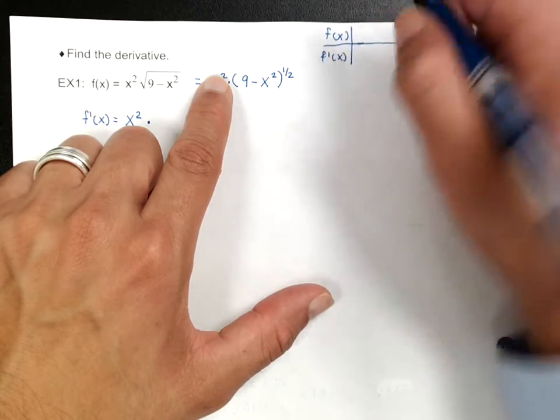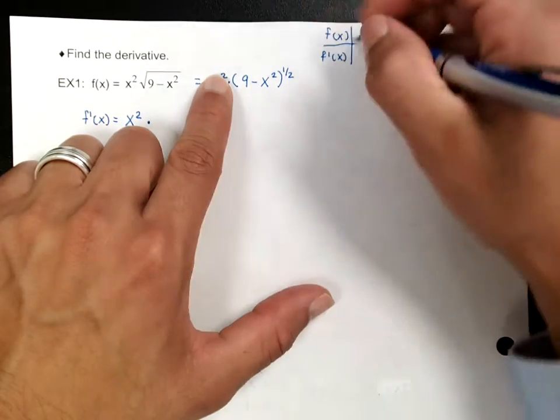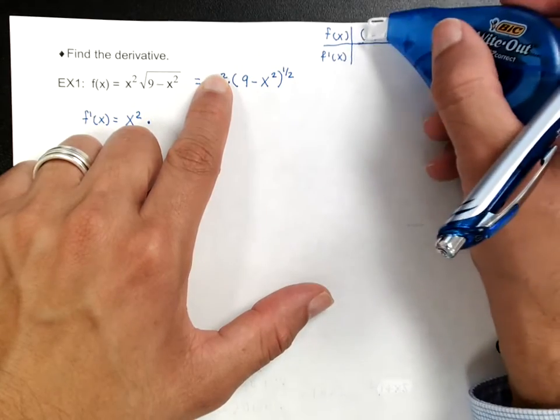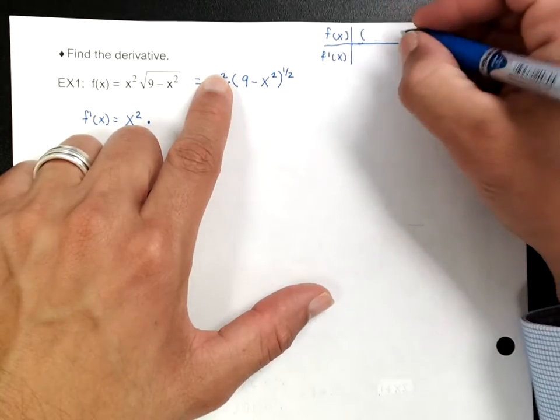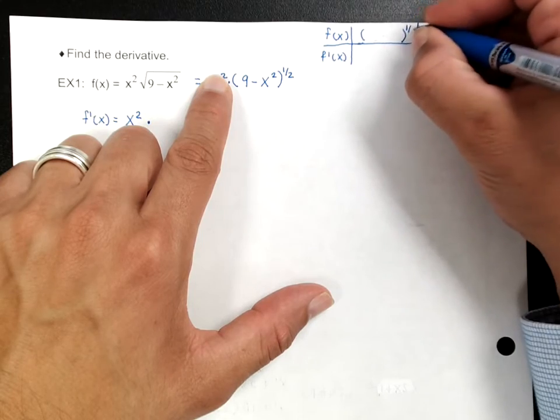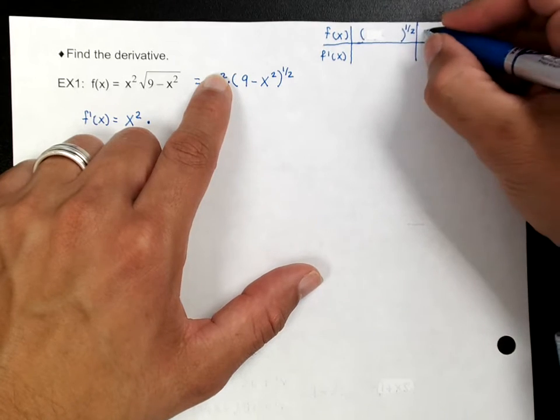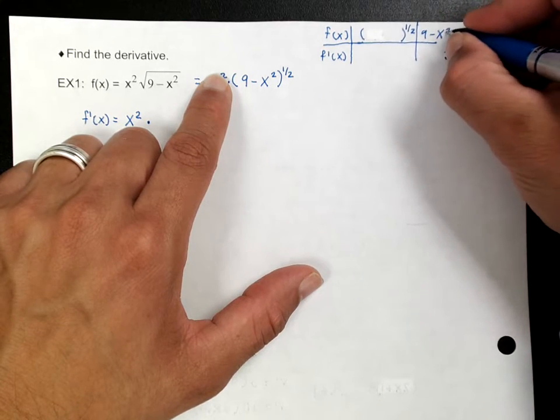So this would be your outer function, that quantity to the 1/2 power, and the inner function would be 9 minus x squared.